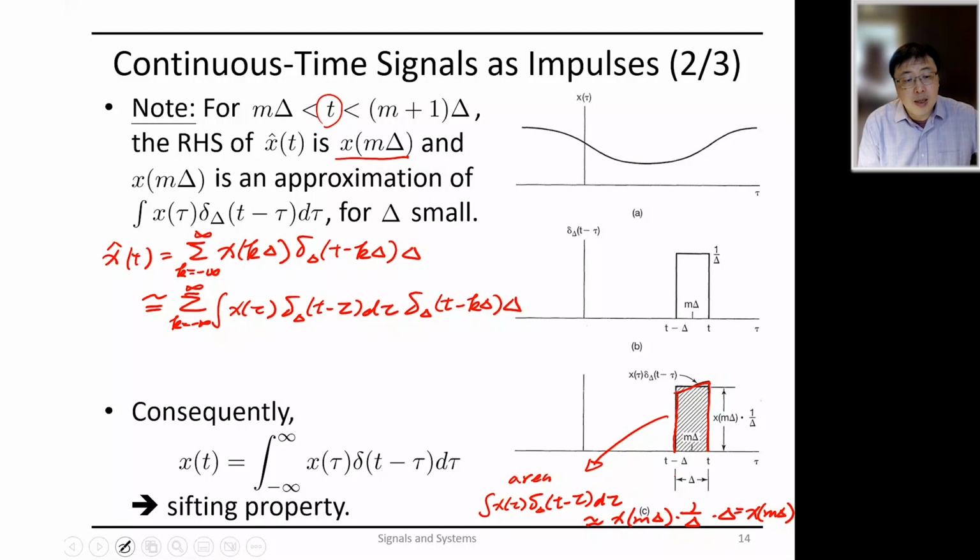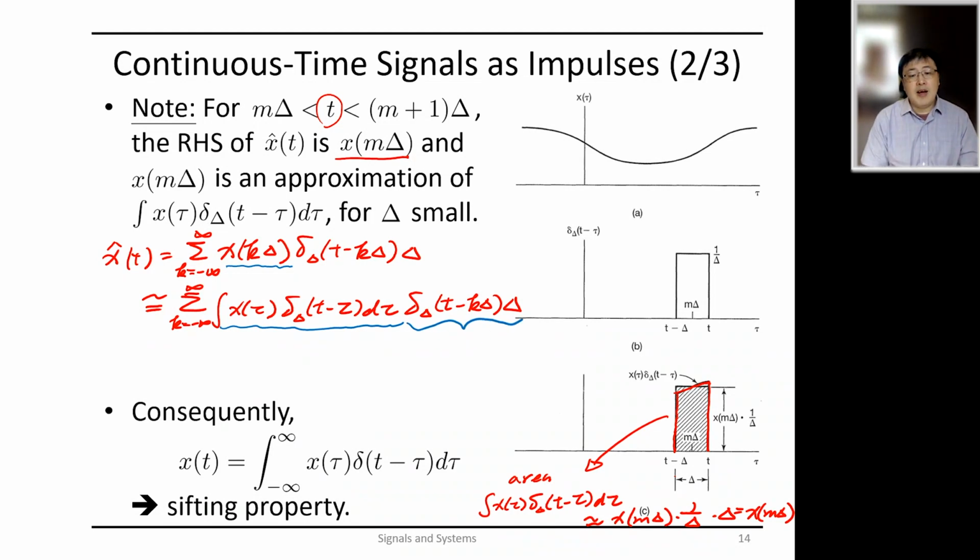And the reason is because we're approximating this value here, which is given on the bottom right corner, with this integral, for a t that falls within the interval of k delta to k plus 1 delta, because the value of t is confined by this rectangular function here.